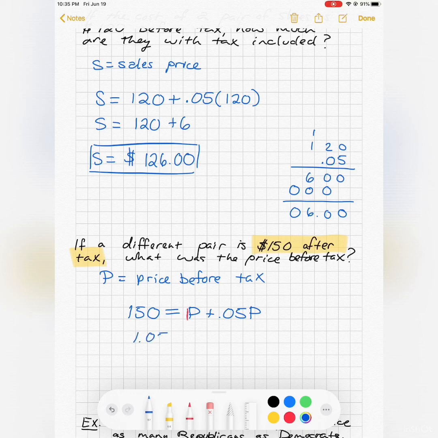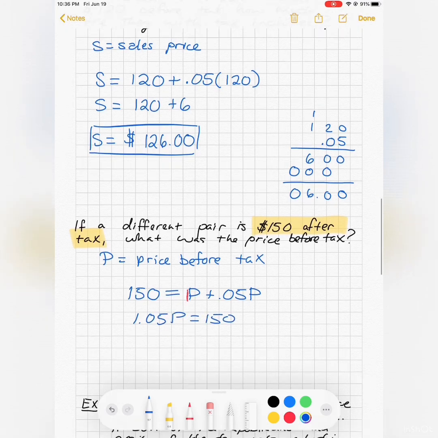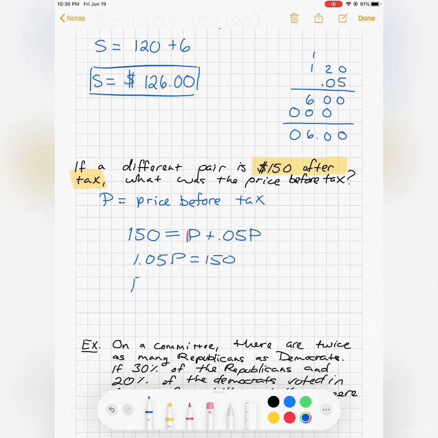That's 1.05p. Okay, so then I divide. I guess I can divide by 5. Divide by 3.